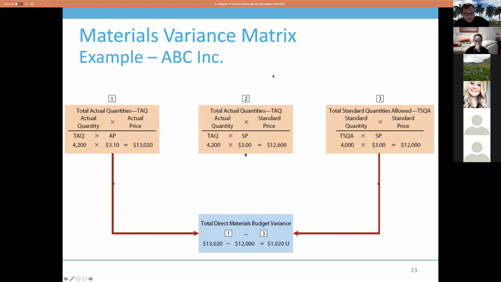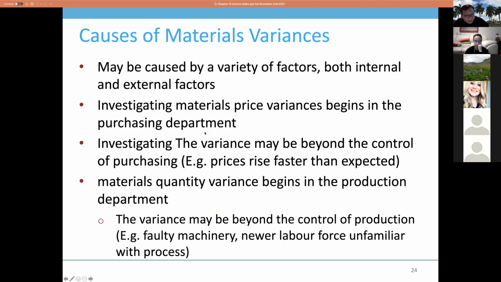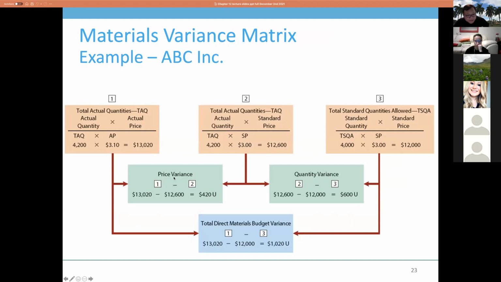Total variance. But you can tease out further, right? In this case, you can tease out basically in the middle. You set up an actual quantity and a standard price. Then you can have a quantity variance using the middle minus the right. And you can also have a price variance when you use the left minus the middle, right?